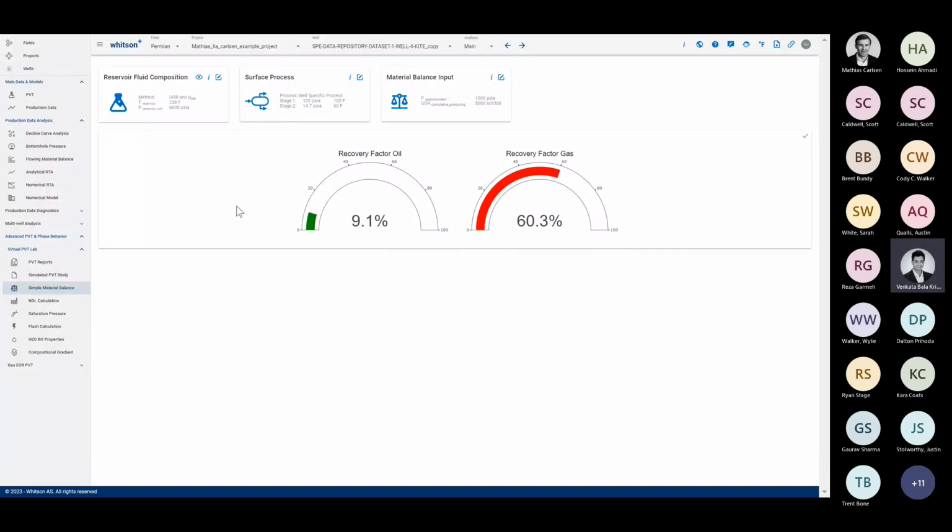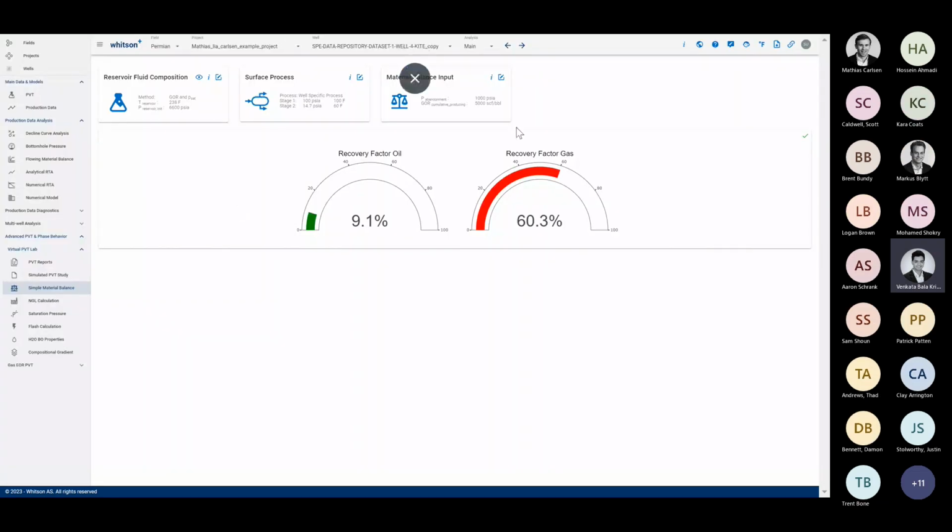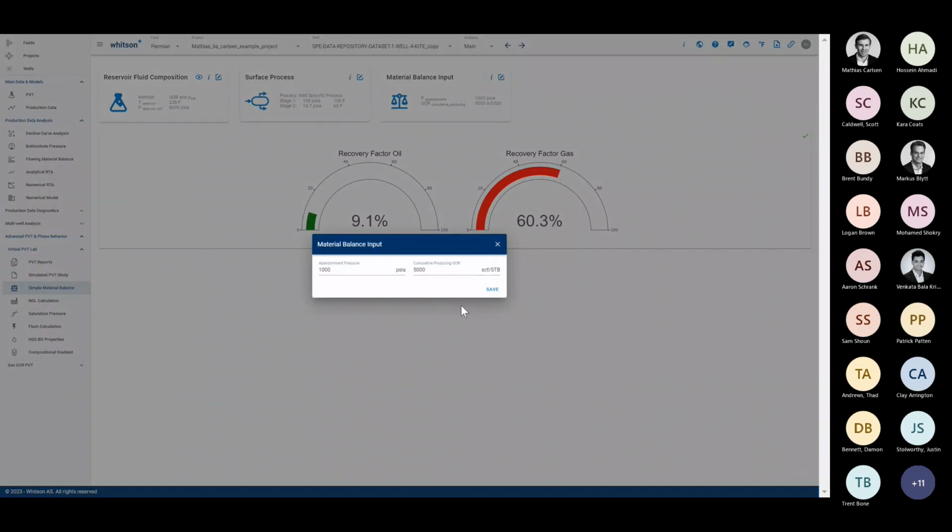So that's about cumulative producing GOR. Is that GOR at abandonment? Yeah, that would be the cumulative producing GOR at end of history, basically when you abandon the well. So that would be associated with abandonment pressure. Exactly. So for people doing, for instance, decline analysis for a well, implicitly, if you have a decline, you also have a cumulative GOR at the end of history, because you have a decline on both oil and gas.